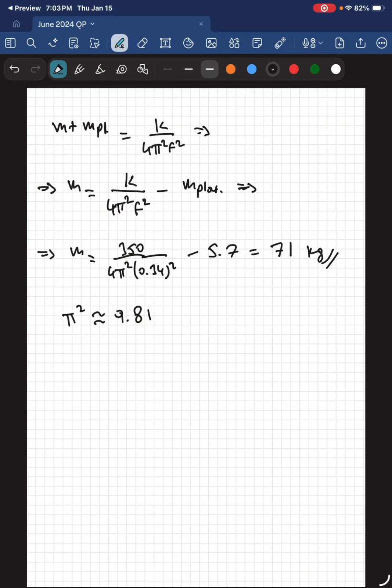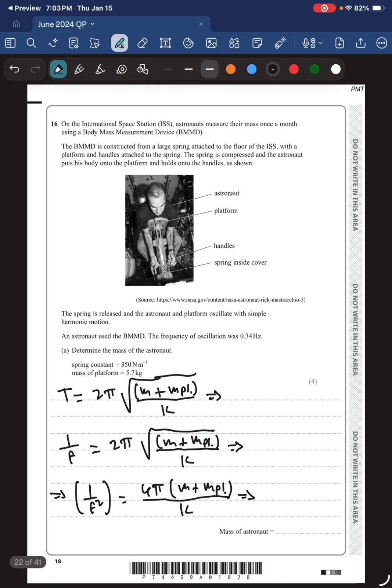It's the same as g. Let me verify, because it's been a while since I said this. Pi squared is actually 9.86. But yeah, you can take it as equal to 9.81 if you want to save those extra few seconds. So, okay, we found the mass of the astronaut. Cool.